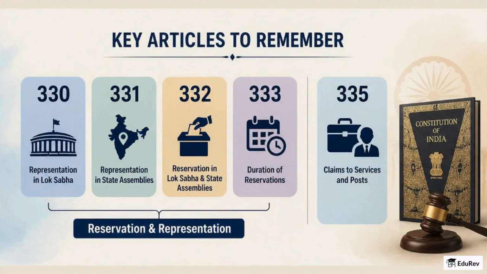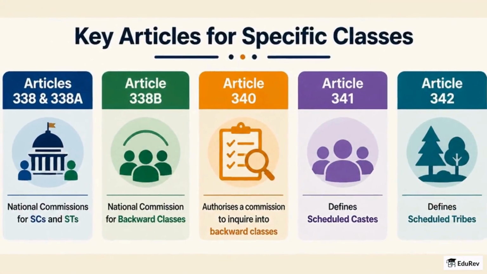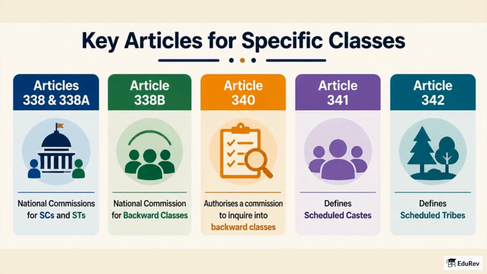Now, a quick visual summary of the main constitutional articles you must remember for exams. Articles 330, 331, 332, 333 deal with reservation and representation. Article 335 covers claims to services and posts. Article 338 and 338A set up national commissions for SCs and STs.